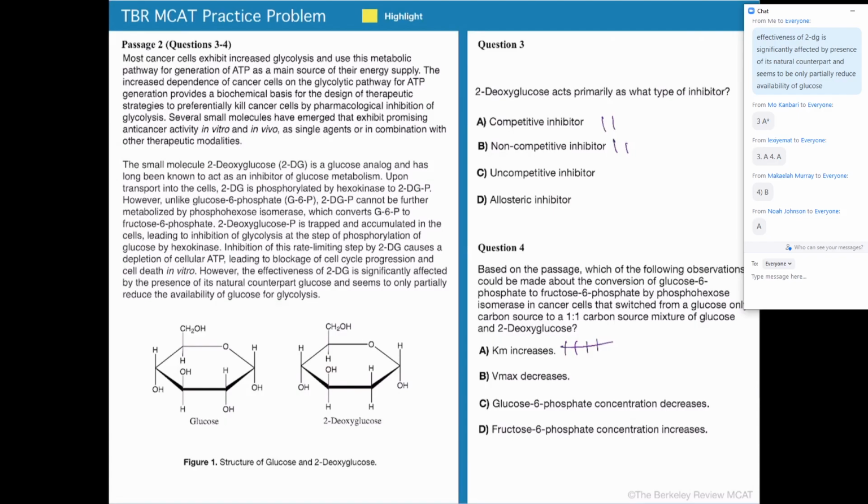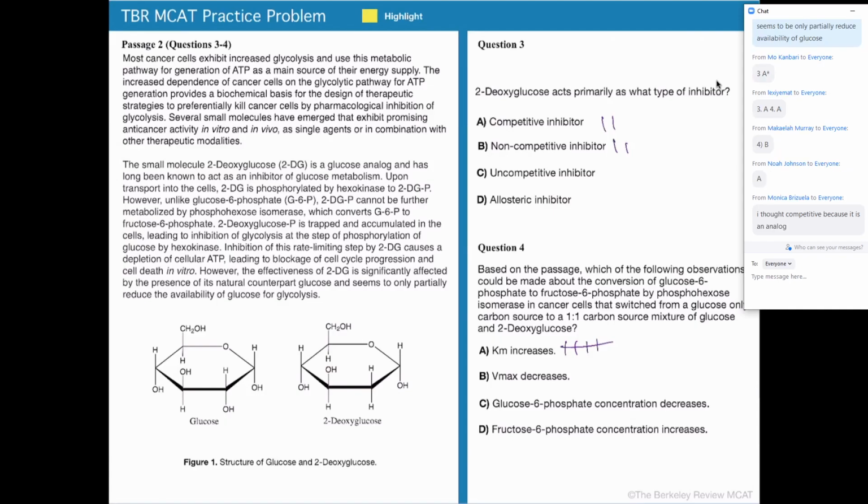I said it was B because in the passage it said that it cannot be further metabolized by hexose isomerase, and it's trapped into 2-deoxyglucose, 2DG.